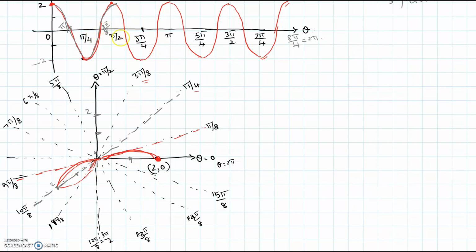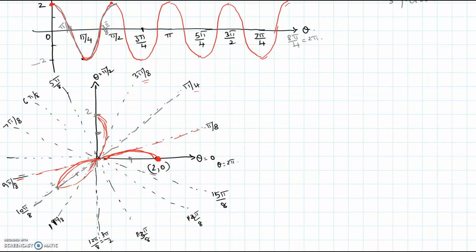Between 3 pi by 8 and pi by 2, the graph is increasing and becomes positive, and it goes to 2. So one cosine cycle between 0 and pi by 2 gives these pieces of the graph.